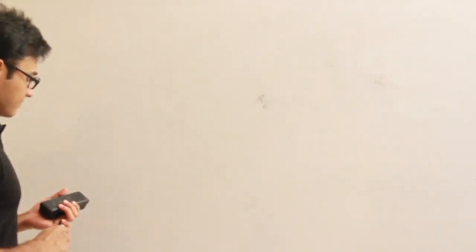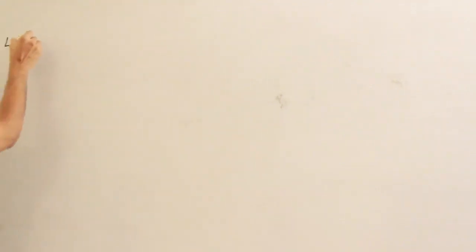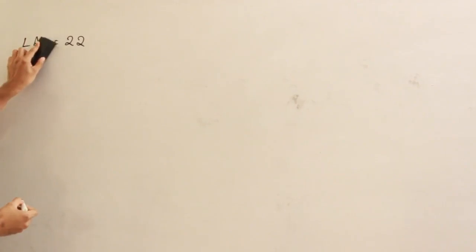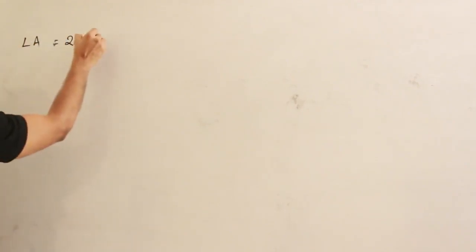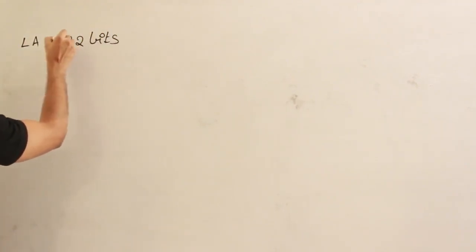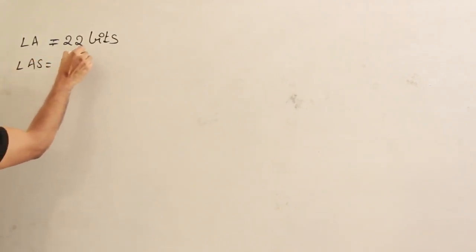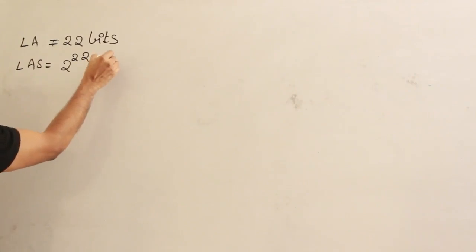Instead of talking about it, I'll take an example and explain, that will be better. Let's say the logical address is 22 bits. So what does it mean? If it is byte addressable, then logical address space equals 2 power 22 bytes.